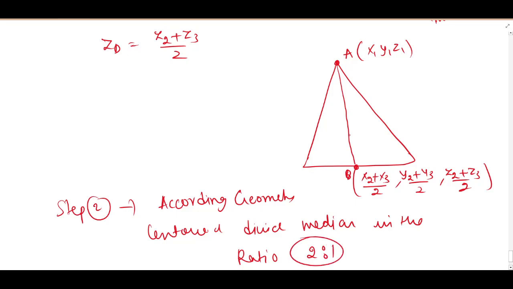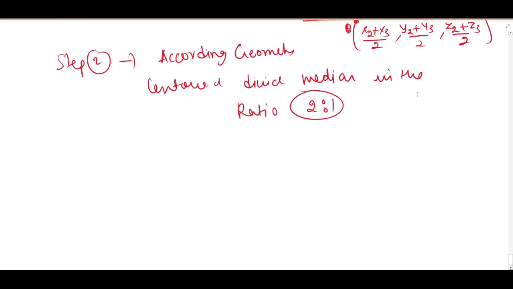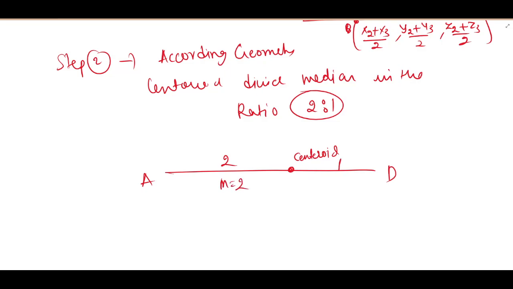That is, this is point A, this is point D, and this is the centroid, so it is 2:1. So we have m equal to 2 and n equal to 1.